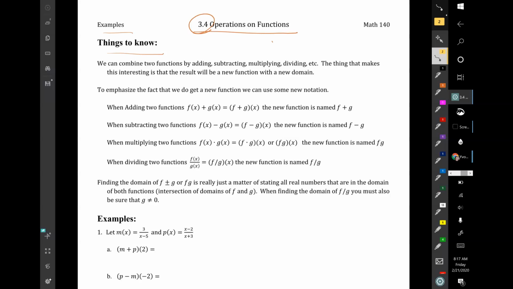When finding the domain of f divided by g, you must also be sure that g does not equal 0. So we can't have a 0 in the denominator like in these examples. So let's get into some grunt work here. It's pretty straightforward for some of them, but then it gets a little tricky.